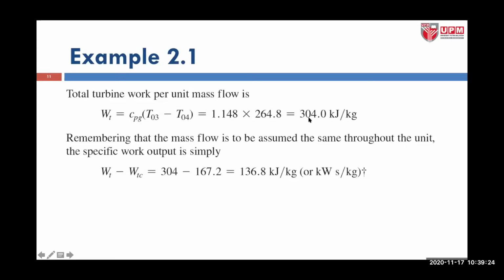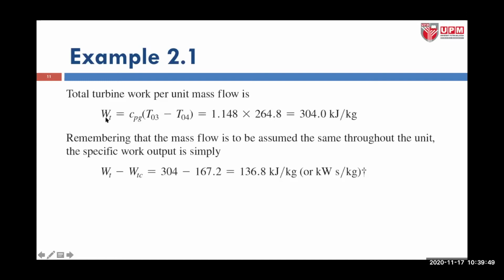The turbine work per unit mass flow is 304 kilojoule per kilogram. Remember the mass flow is assumed the same throughout the unit. This is our assumption. So the specific output is simply WT minus WTC.